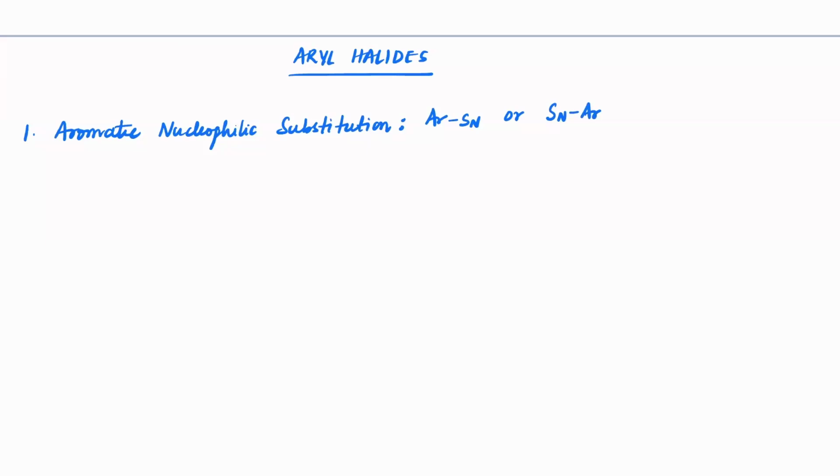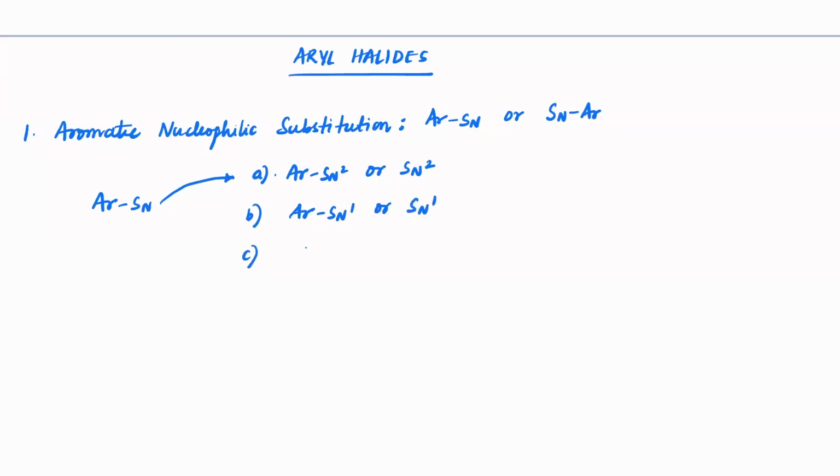There are multiple types of reactions here. Within this ArSN, we have a type A, which is ArSN2, or sometimes simply shown as SN2. Then we also have ArSN1, or simply written as SN1.